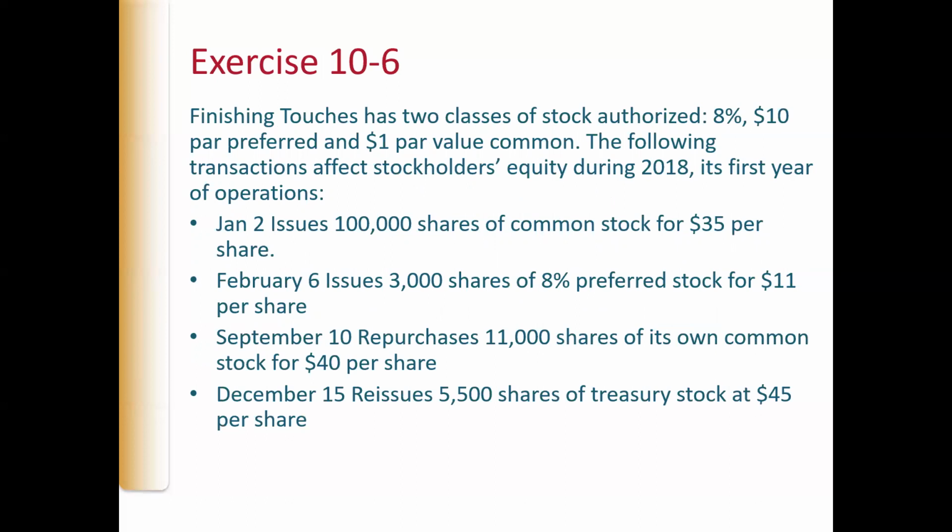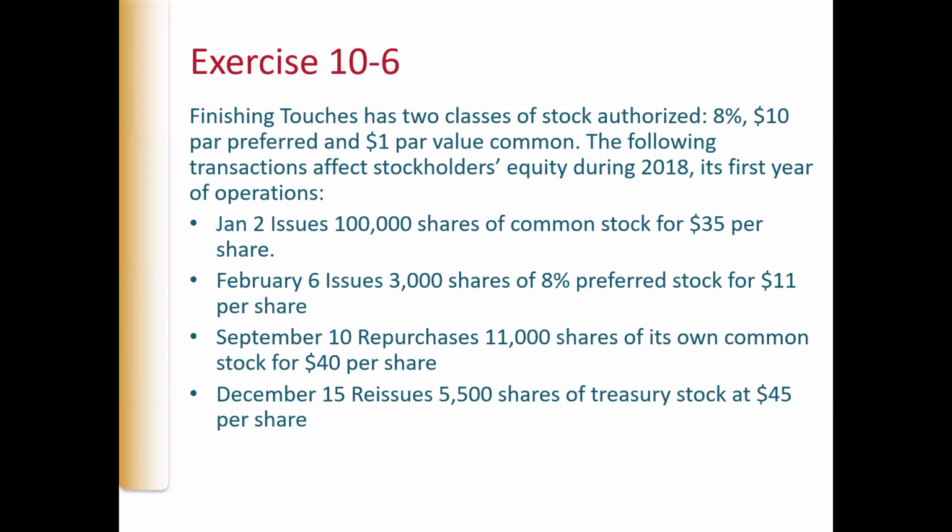So guys, this exercise, 10-6, finishing touches has two classes of stock, 8%, $10 par preferred, and $1 par value common. The following transactions affect stockholders' equity during 2018, its first year of operations. January 2nd, issues 100,000 shares of common stock for $35 per share.